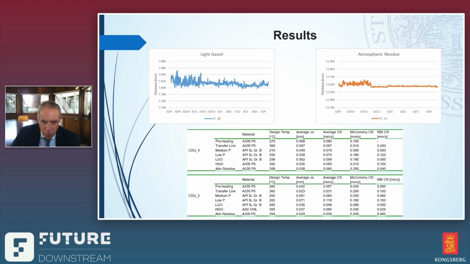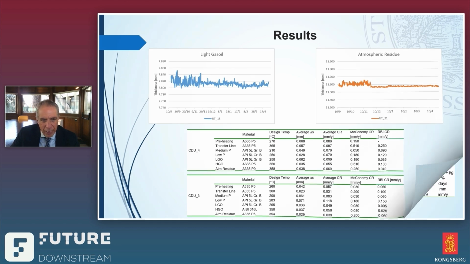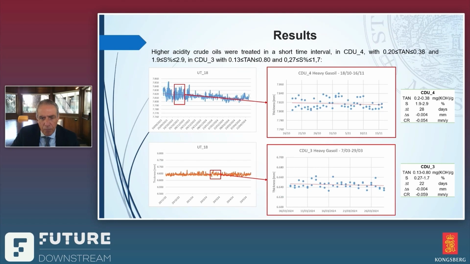So both for CDU4 and CDU3, we had good results as for corrosion rates. As I said before, we did an extrapolation and plotted the line, and so we could get a corrosion rate which is good: for the CDU4 it is 0.054 millimeters per year. For the 3 it is the same, let's say.